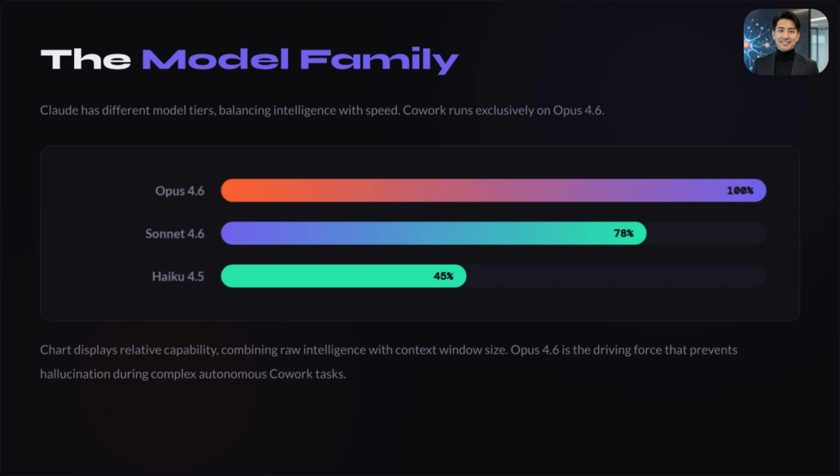Next is Sonnet 4.6, hitting the sweet spot of high intelligence and rapid execution. Finally, we have Haiku 4.5, the fastest and most cost-effective model for lighter tasks. Cowork exclusively relies on the immense reasoning power of Opus to execute multi-step plans without hallucinating.